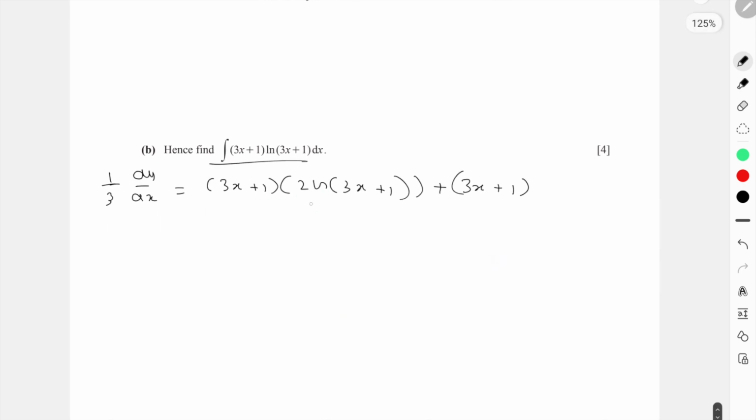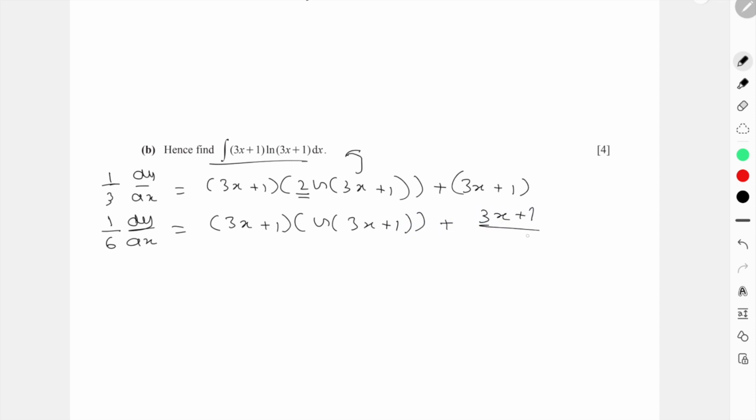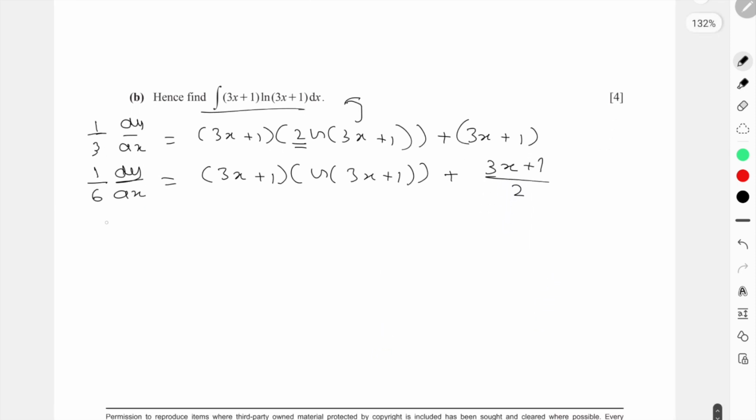Okay, and now let's divide by half, because we're trying to get this in this form. So it's going to be 1 by 6 dy by dx equals 3x plus 1 into ln 3x plus 1 plus 3x plus 1 divided by 2. And now let's rearrange this.